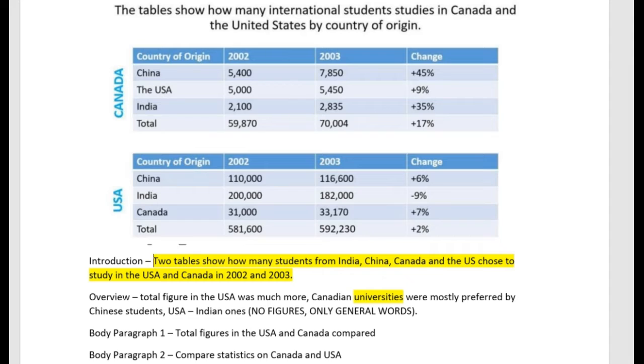So you see the difference, almost 10 times more. You need to mention that the total figure of students and students by countries were much higher in the USA than in Canada. You need to mention that while in Canada the number of students from all countries increased, this wasn't the case with the USA.